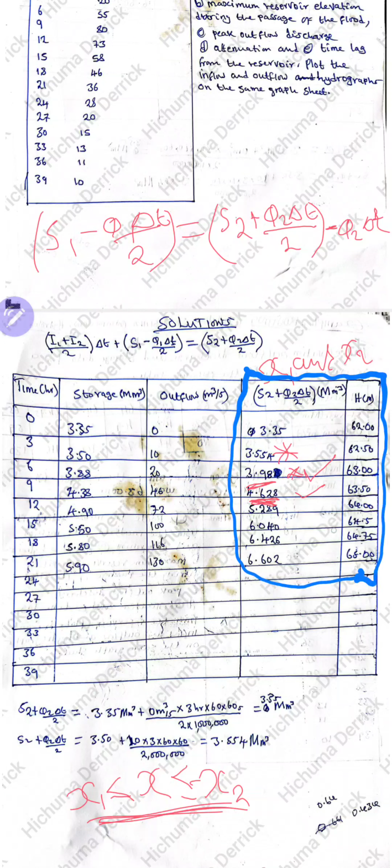Then on the same graph you put the output, the outflow on the secondary x-axis. So then again you're going to plot this output here against the elevation.